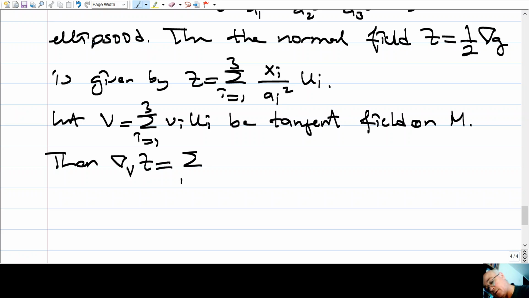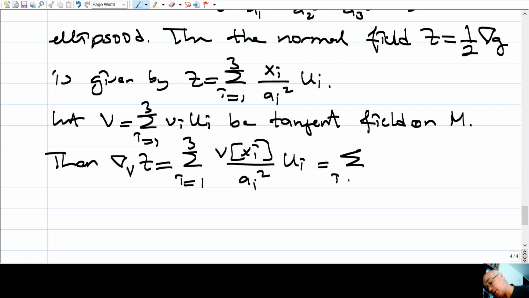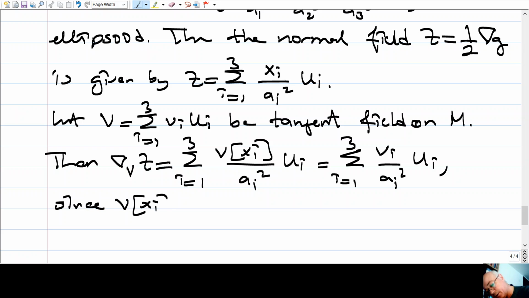Well, this is just v of xi divided by the scalar ai squared times ui, and this is just the sum for i from 1 to 3 of vi over ai squared and then ui. The reason is that since v of xi is just dxi at v, this is just vi. Okay.